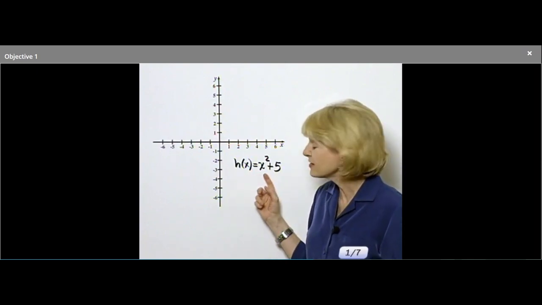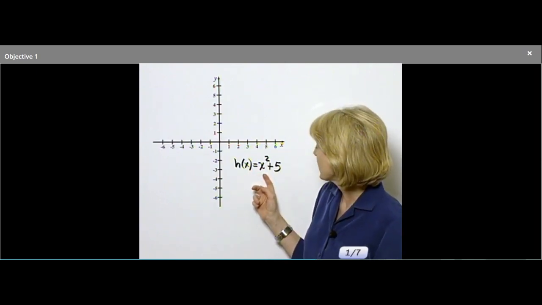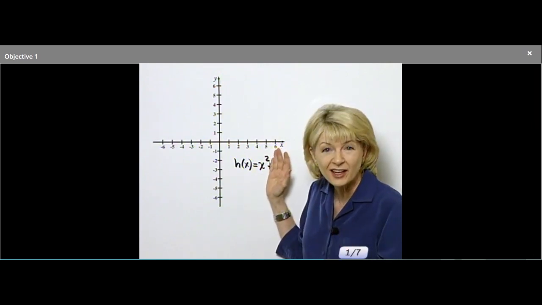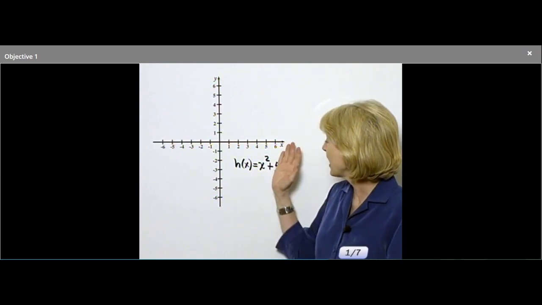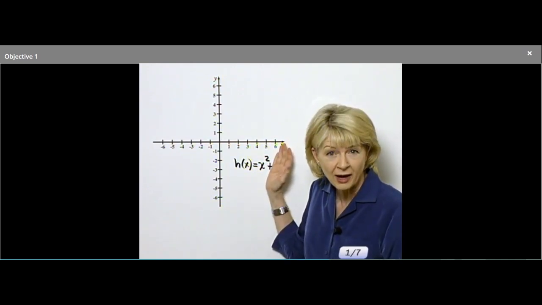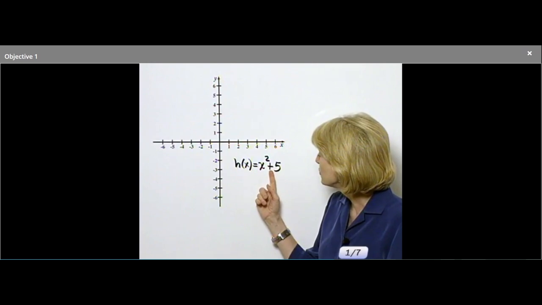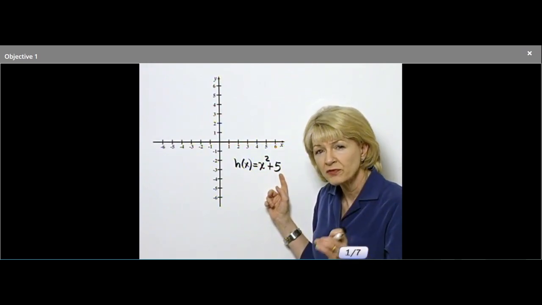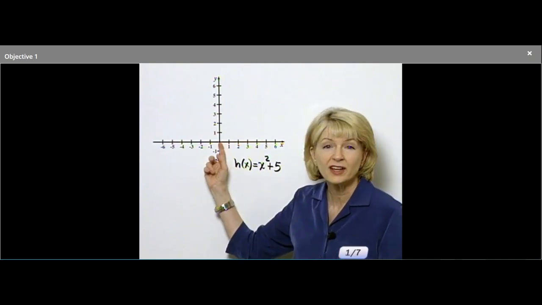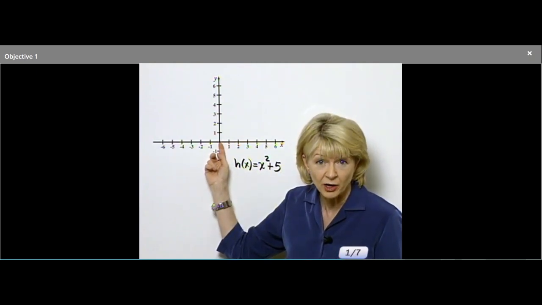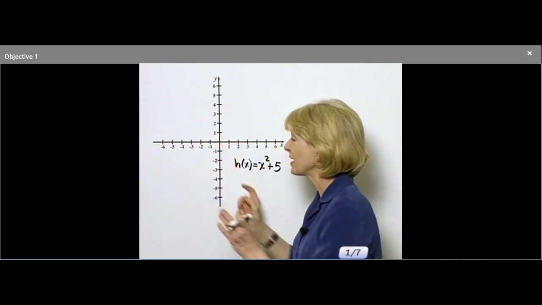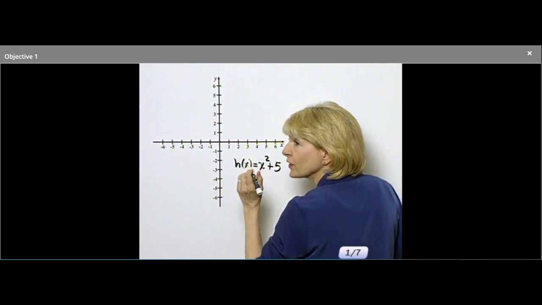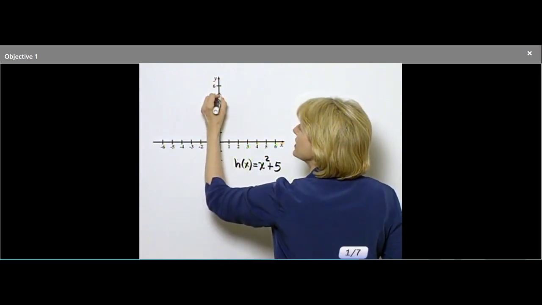Notice I have this function h of x equals x squared plus 5. So the general shape, because it's x squared plus some constant, is a parabola, but it is moved upward 5 units. So since it's moved upward 5 units, instead of the vertex being at (0, 0), if I move that parabola upward 5 units, 1, 2, 3, 4, 5, the vertex is now right here.